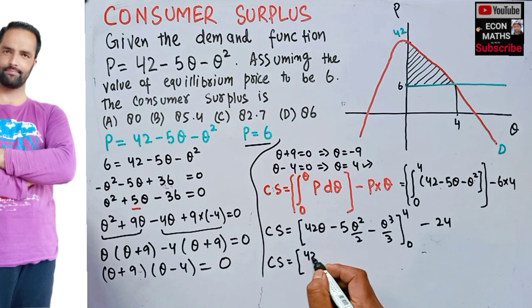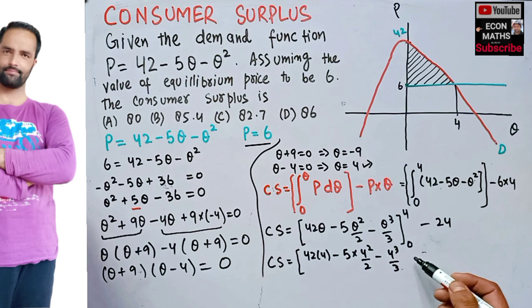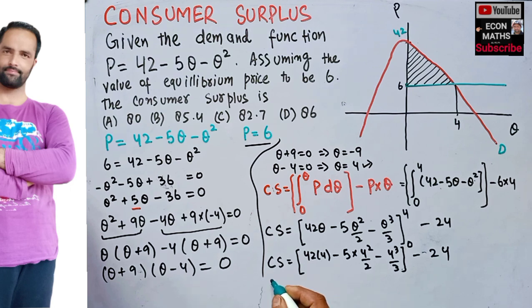So we have 42 into 4 minus 5 into 4 square divided by 2 minus 4 cube divided by 3. Then we subtract and evaluate it at the lower limit. So we put q is equal to 0 in each of the terms. It will become 0, so I will not write that here. Minus 24.